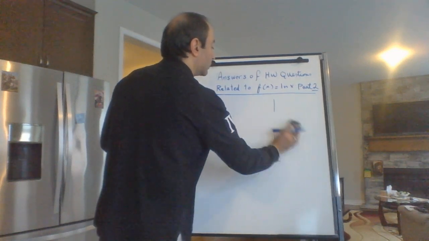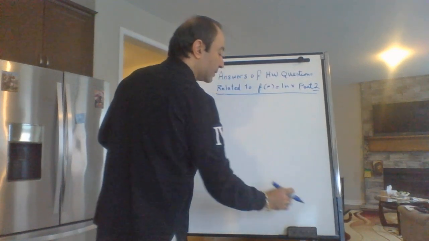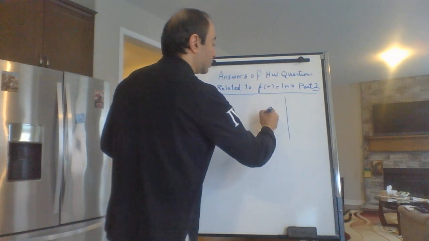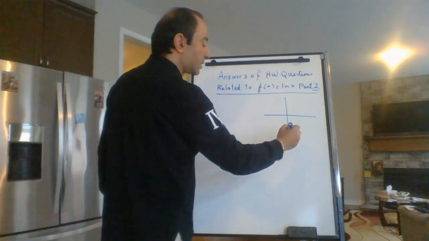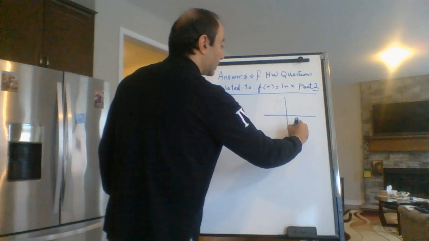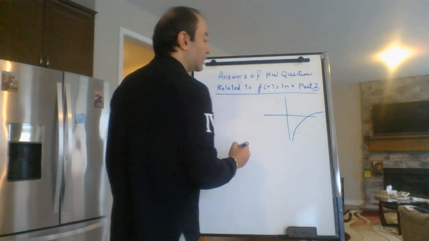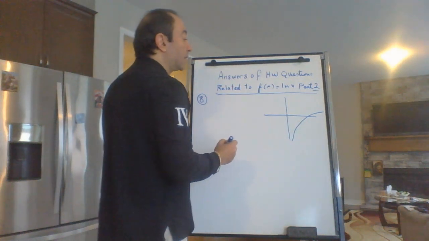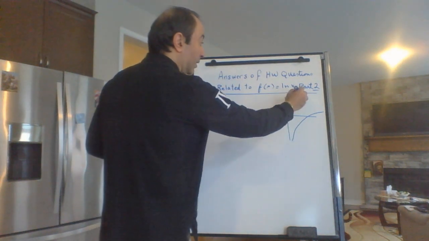We have a graph that represents the function f of x. I'm just giving you an example. This is not exactly what the graph would look like. And we have a line.